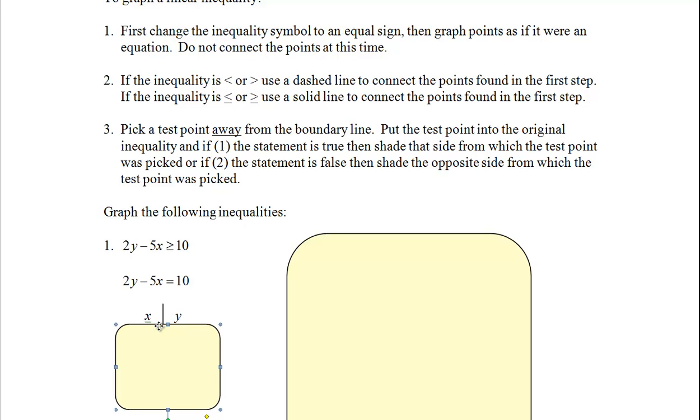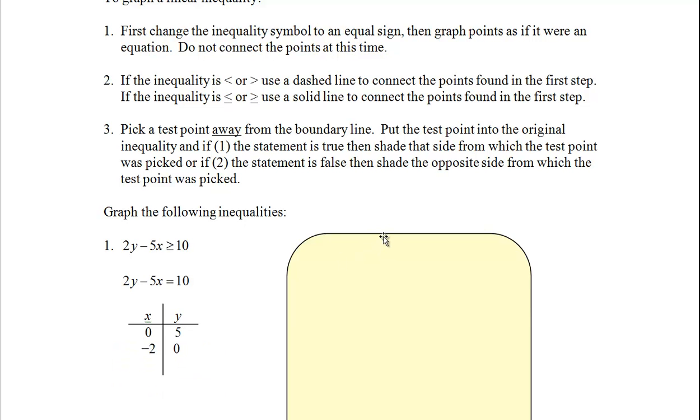If I let x be 0, then this piece right here will cancel out. I end up with 2y equals 10, or y will equal 5. Now I have to turn right around and let y be 0. Well, if y is 0, this term drops out, and I divide both sides by -5, I end up with x equals -2.